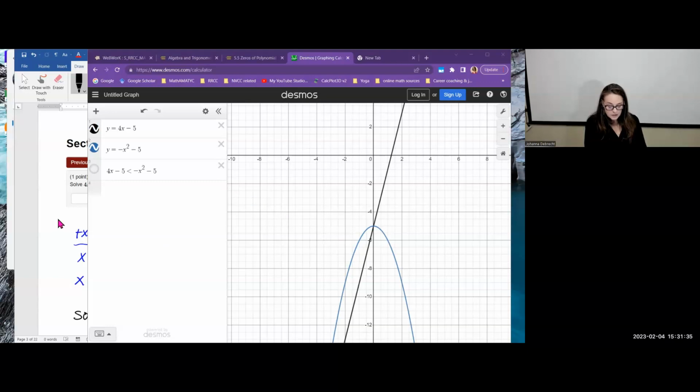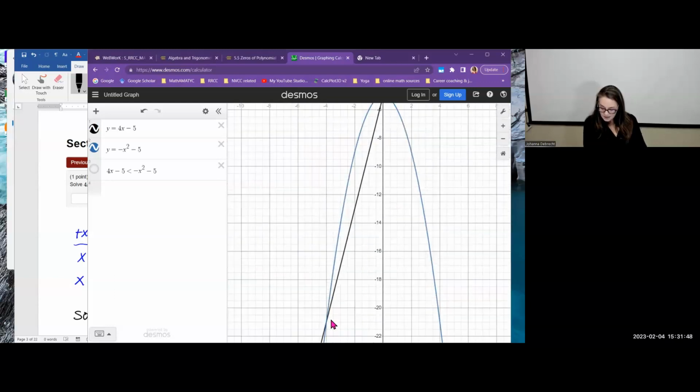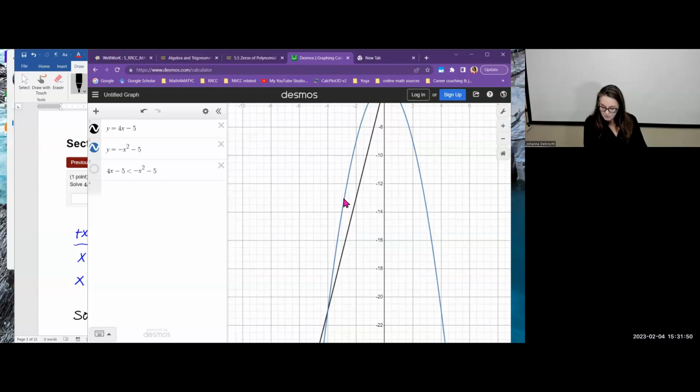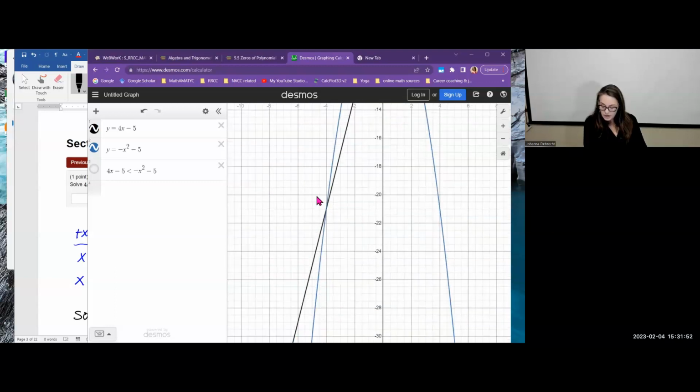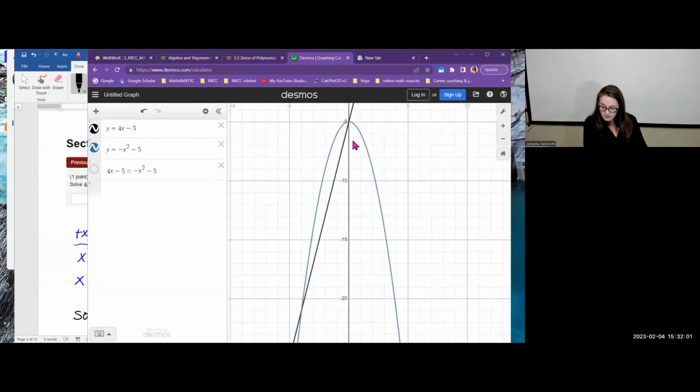Okay, so what was I looking for? I was looking for where the line 4x minus 5 was below the parabola. So the line is below the parabola here, but if I extend down a little bit further, you'll see that the line then becomes above the parabola again down here. So I need to go between this value right here, which is at -4, and then if I scroll up a little bit to this value right here, which is at 0.